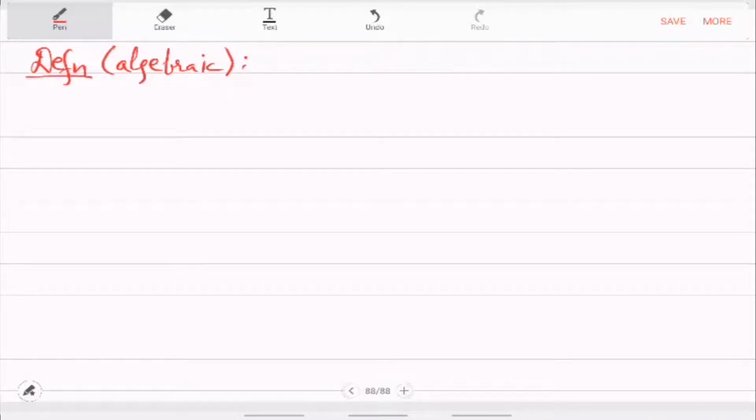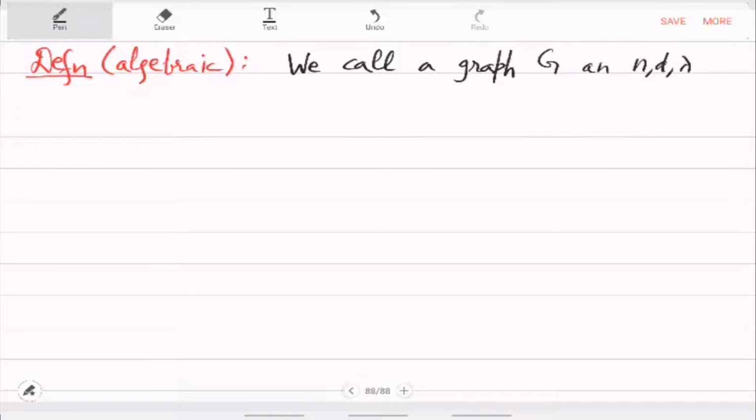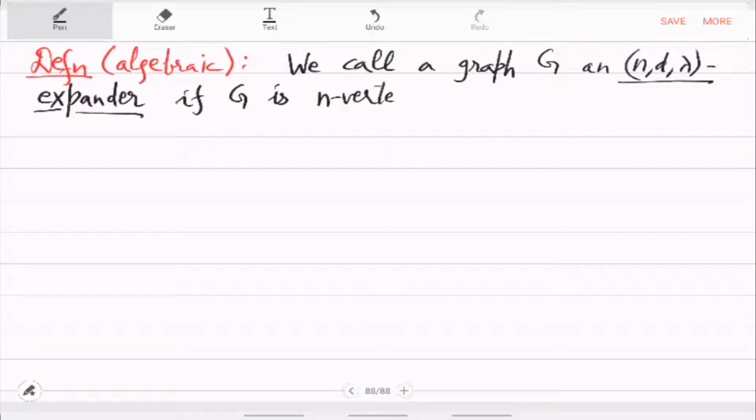So we call a graph G an n, d, lambda expander if G is n vertex, d regular, d is the degree, and the second eigenvalue of G, which is lambda G, this is smaller than lambda.